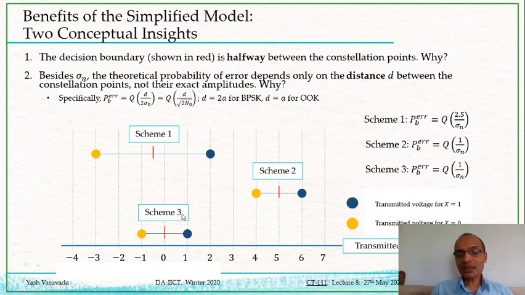So scheme 3 spends only 1 unit of energy for transmitting a bit on average, but still it achieves the same performance as scheme 2, which spends 26 times as much energy per bit. So scheme 2 is not energy efficient at all compared to scheme 3, and that's why scheme 3 is preferred.